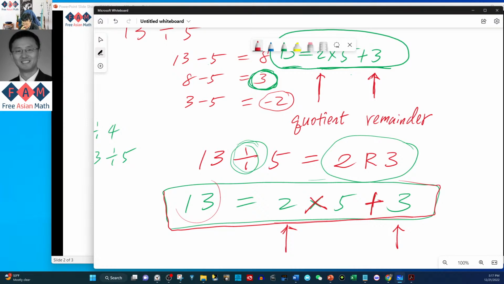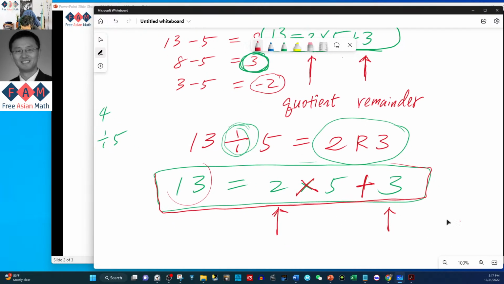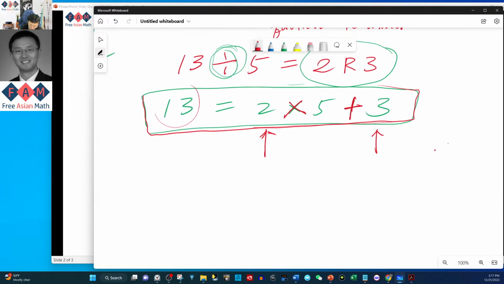Okay, so in this case, we can summarize what we do with division. We have to break this into two cases. We want to discuss the case A divided by B. What do we know about this?